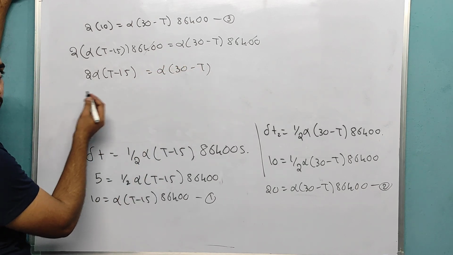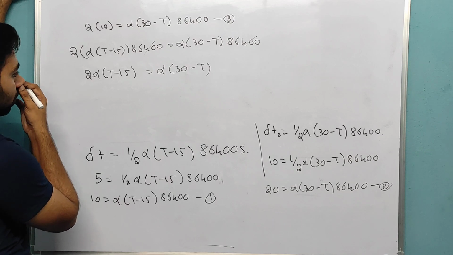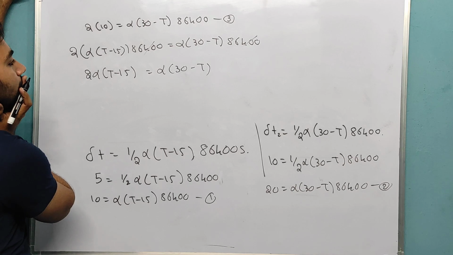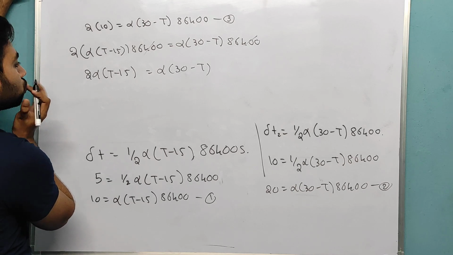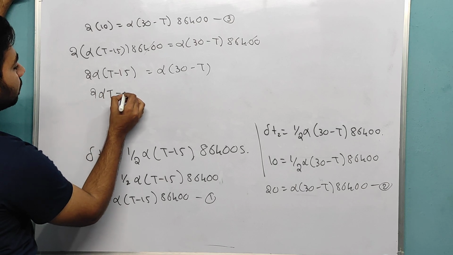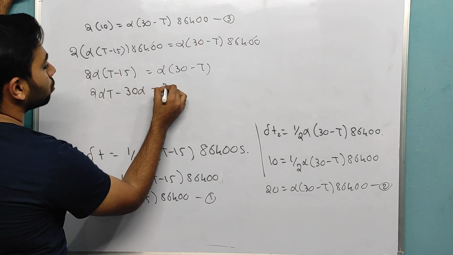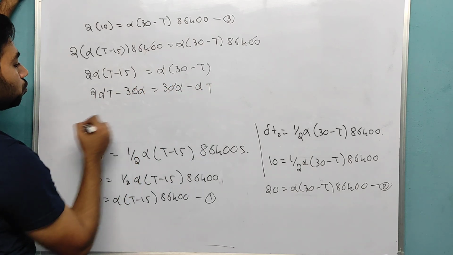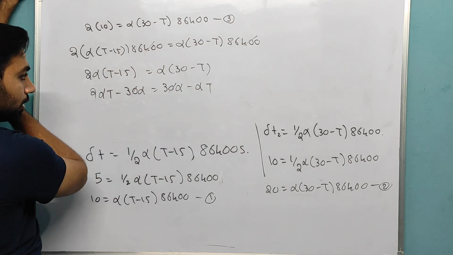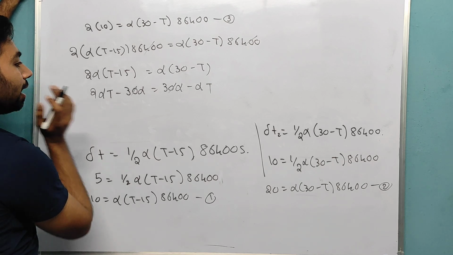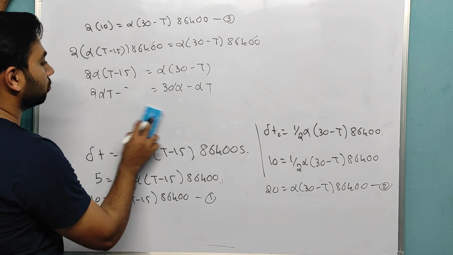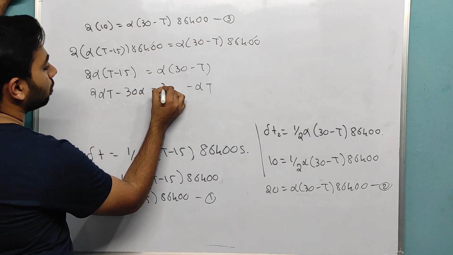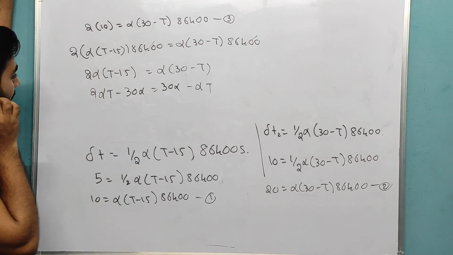Okay. Now if I do simple multiplication and calculation, I get 2αt minus 30α is equal to 30α minus αt. If I do this, then I can cancel these. What I am doing: 30α, both are plus.